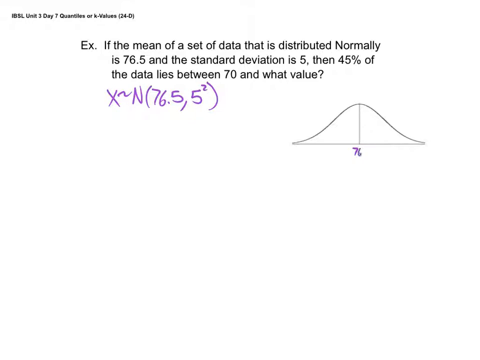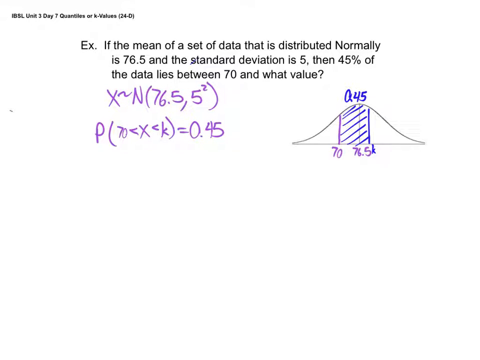Here's our 76.5. Obviously 70 is right here. In other words, the probability that X is between 70 and K equals 0.45. So take a couple minutes, work this one out, and see what you come up with.